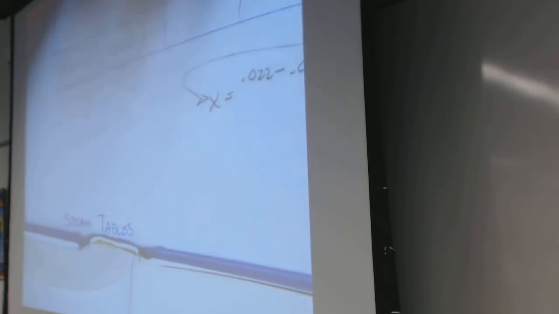What we have is 0.022 minus 0.0008421, divided by 0.026622 minus 0.0008421. This would be the entire range, and this is how far we went in that range.